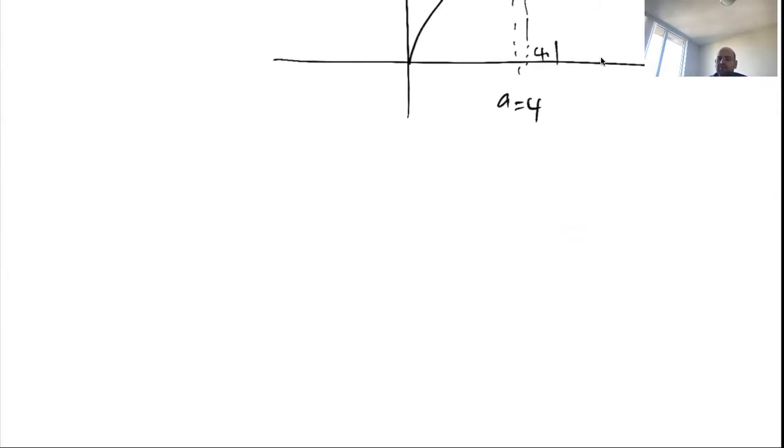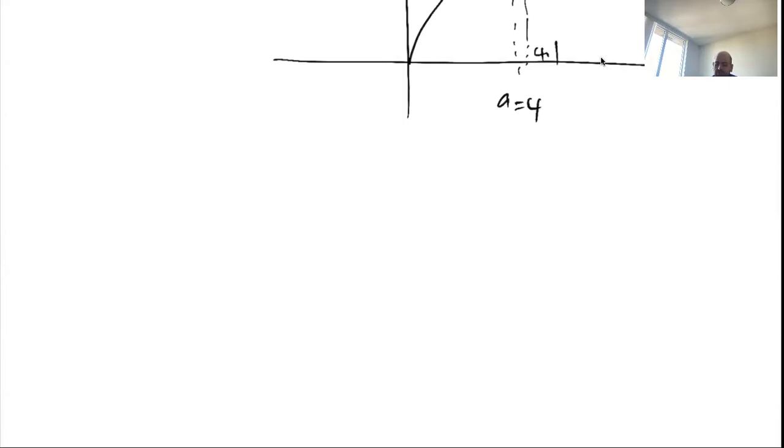But in practice, this approximation is not good enough for us. We want to improve our approximation, meaning that we want to have a smaller error, because each approximation always leads to some error, right? We want to have a better approximation.